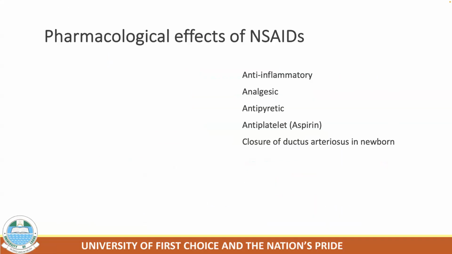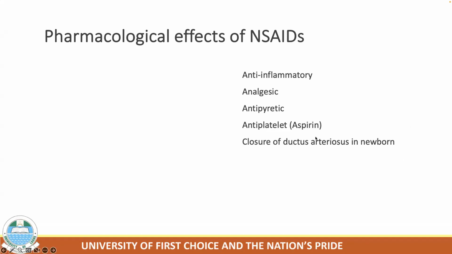The pharmacological effects of NSAIDs: anti-inflammatory, reduces inflammation, reduces swelling; analgesia, reduces pain; antipyretic, reduces fever, so it improves thermoregulation; antiplatelet, basically the aspirins, okay? And it is used in newborns in the closure of the ductus arteriosus, right? Which is one of the uses of NSAIDs in newborns.